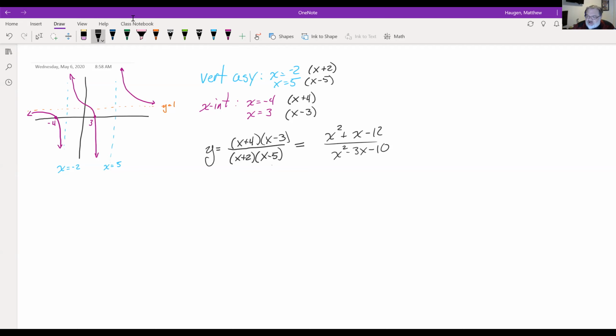So that's what it would look like in its polynomial form or its multiplied out form. And I want to look at what happens when we look at horizontal asymptotes and why horizontal asymptotes end up where they are. We talked a little bit about it yesterday. But remember, the key is that horizontal asymptotes are an end behavior argument.